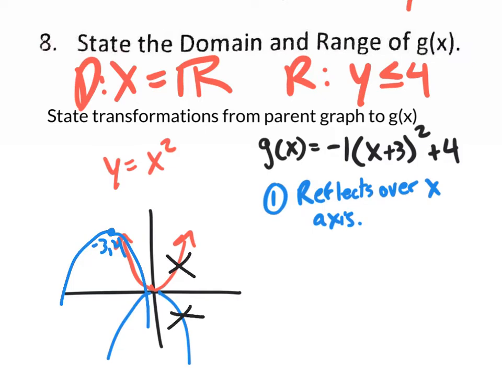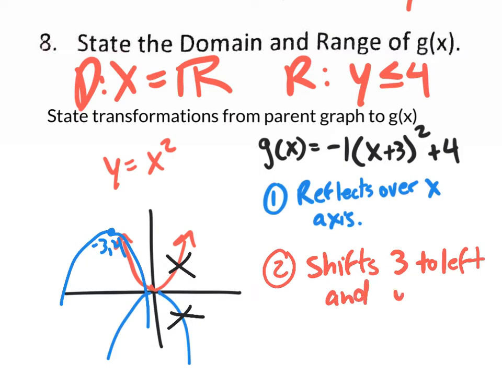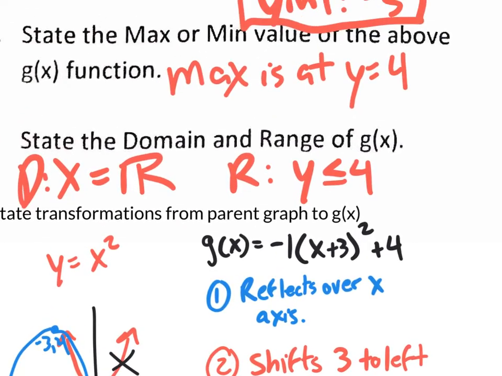This is the final one that's opening down right there. So we need to describe that final transformation. The second thing that happens is it shifts 3 to the left and 4 up. All right, so I didn't put that on the worksheet, but you do need to be able to describe transformations.